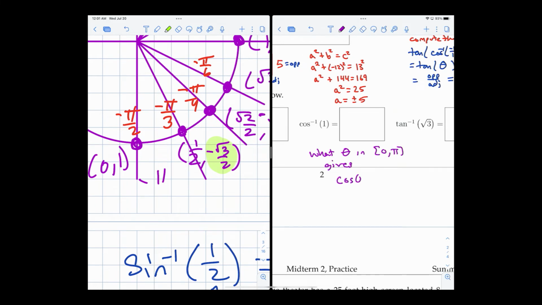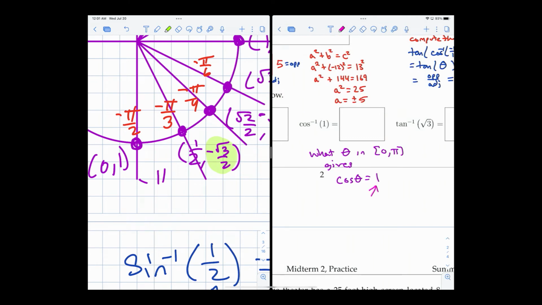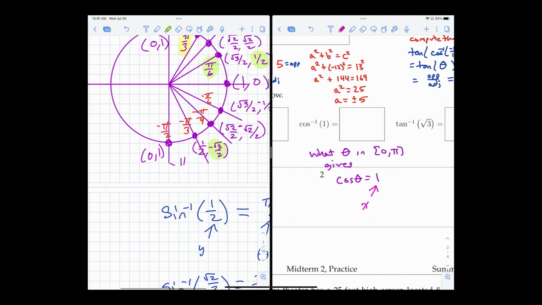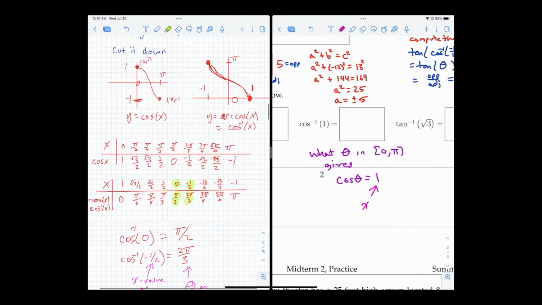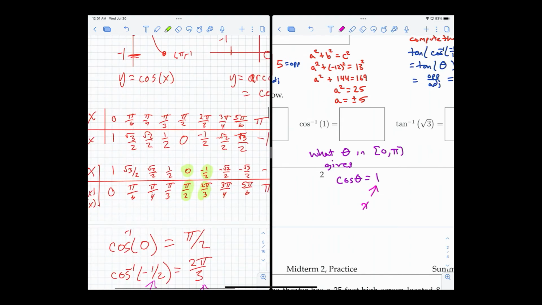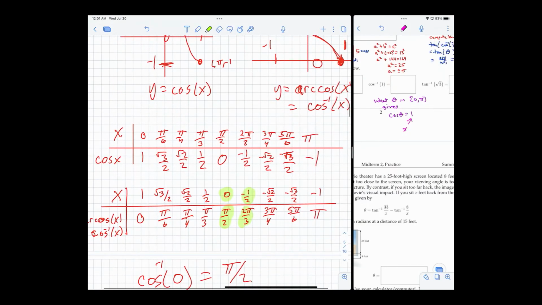gives cosine theta equal 1. And on the unit circle, what is a cosine? Cosine is an x value. So where is the x value equal to 1? And we go down to cosines here. I actually have a chart. I didn't have the whole chart for sine inverse. That's why we had to do it the way we did it.